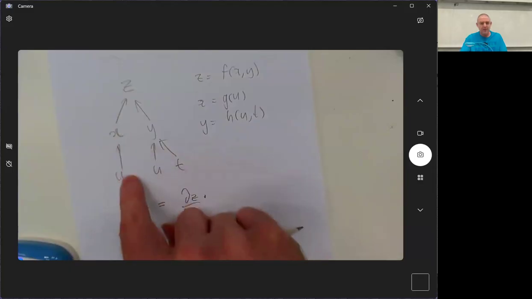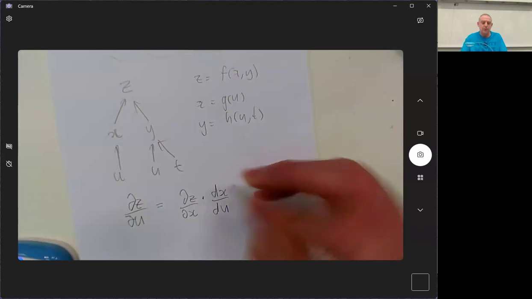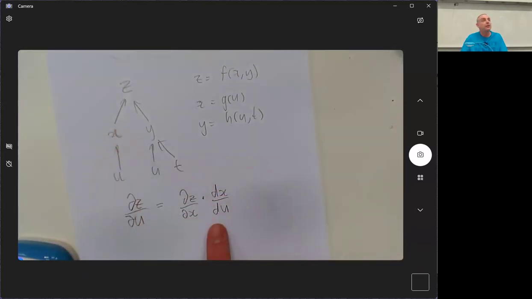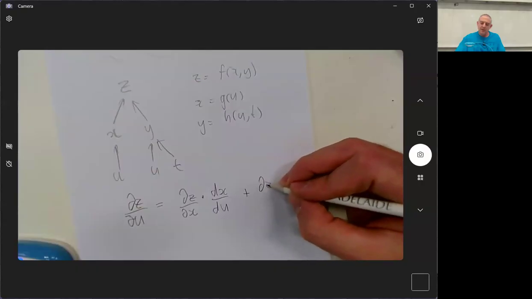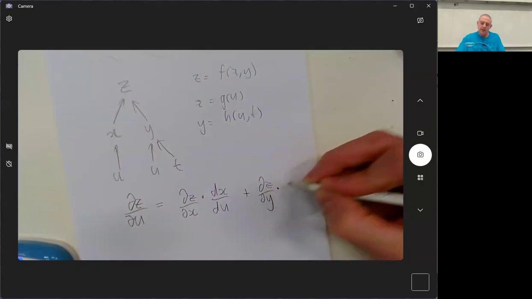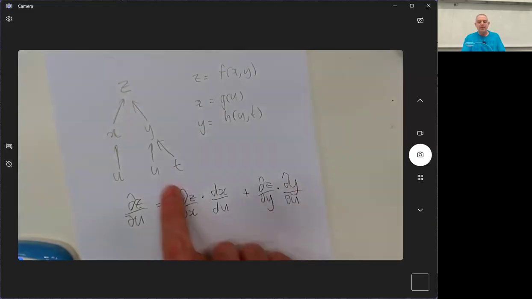And then I'll multiply down this path. And that's a straight one because there's only one variable there. So I don't use a curly one there because there's only one variable going to x. But then I also have to come down this other path and going dz on dy and then dy on du. And that one's curly because y has two options.